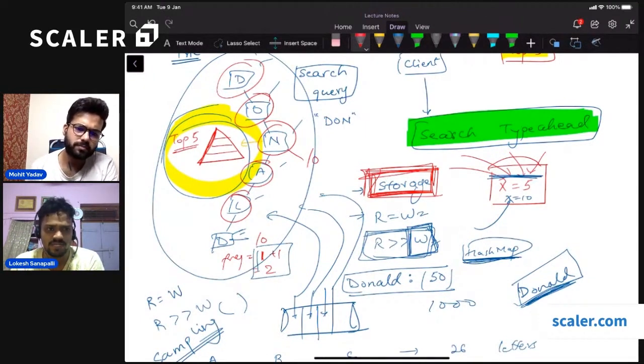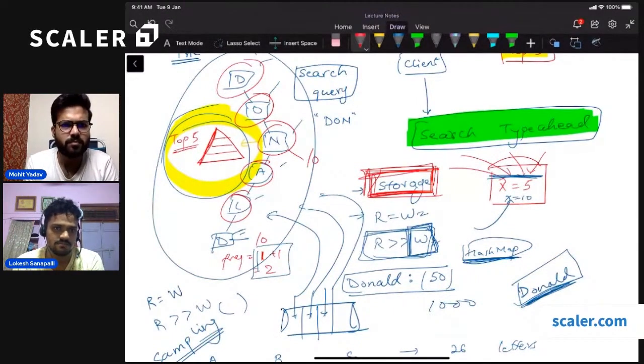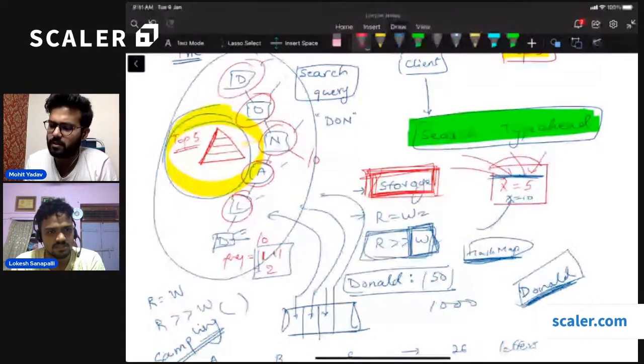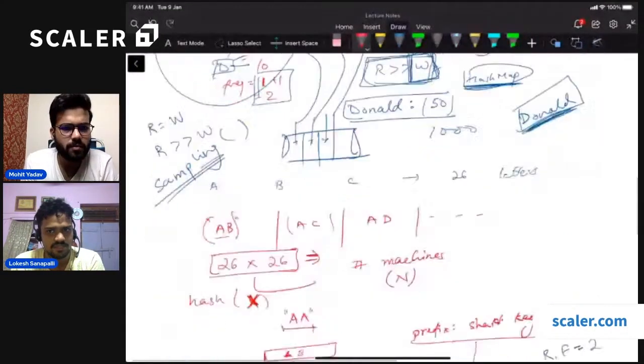So if I type a and there's an interval of some 600 milliseconds, if I stop typing, then I should send a request. If I'm not stopping typing, I should not send the request. So that debouncing we'll add on clients to optimize. I think that's it from my side.